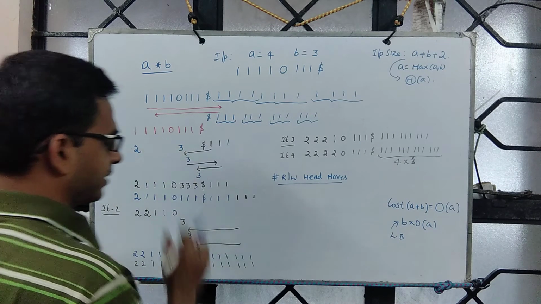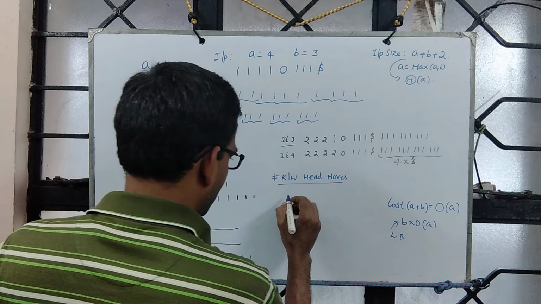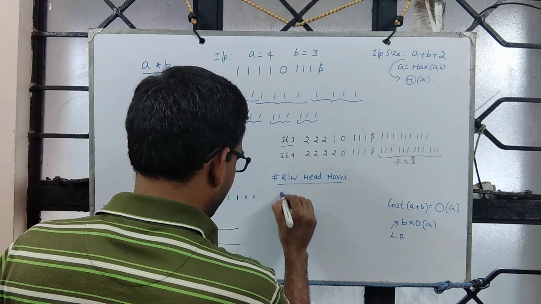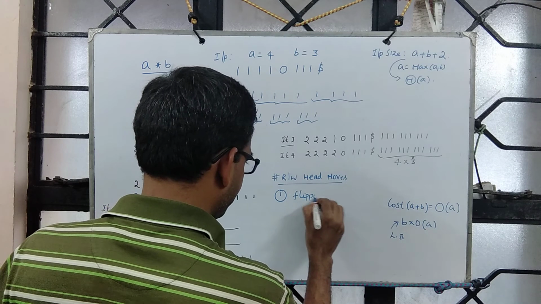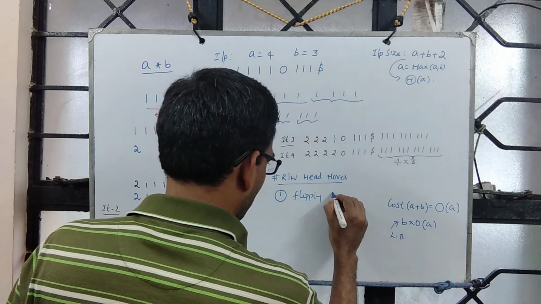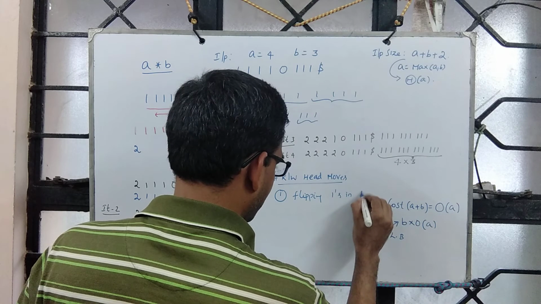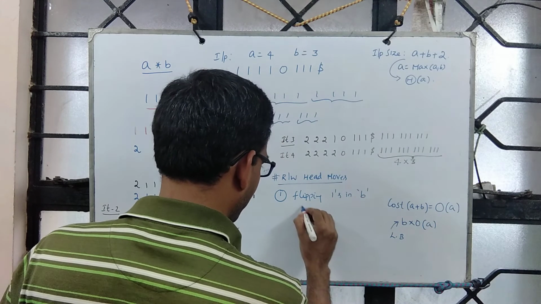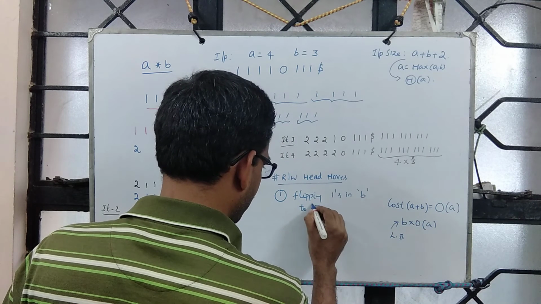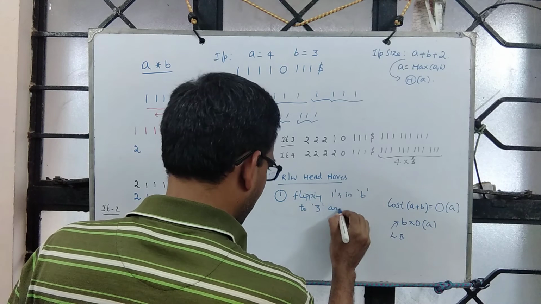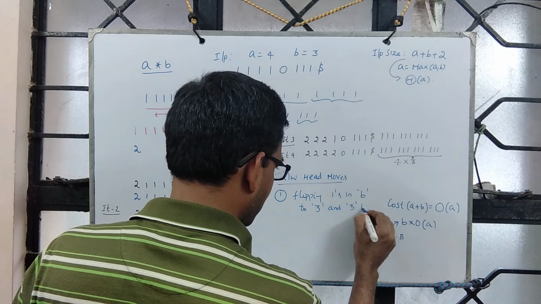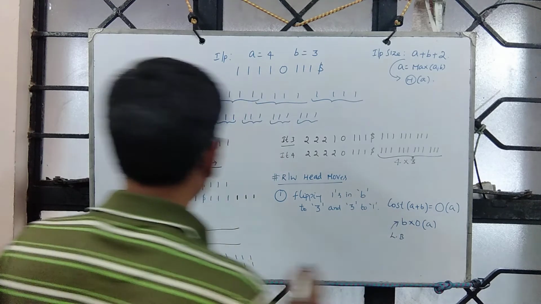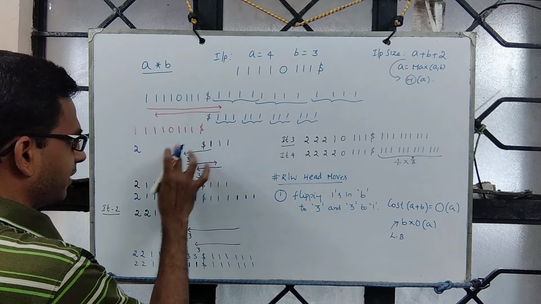So this is one part, and so one part is flipping ones in B to 3 and 3 to 1, vice versa. So many moves are happening over here.